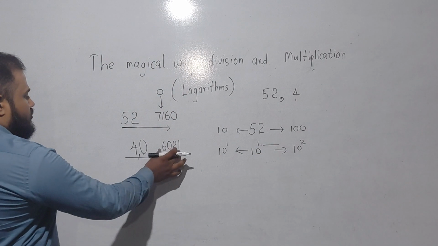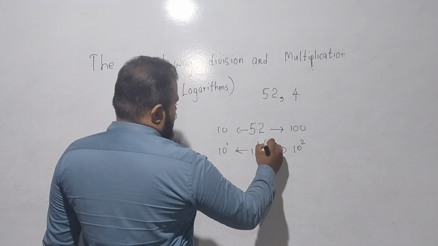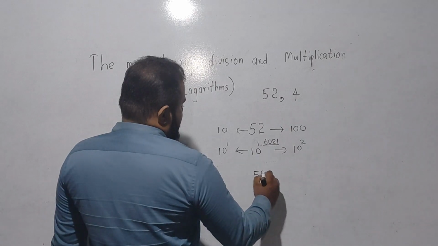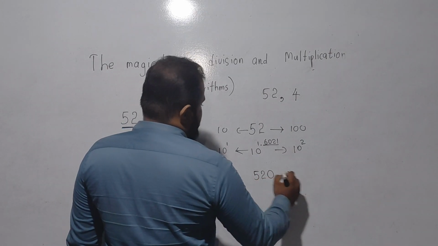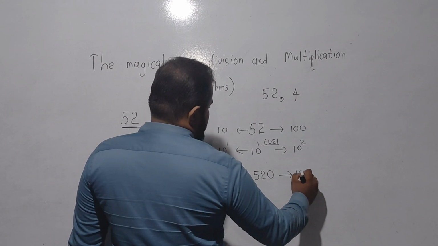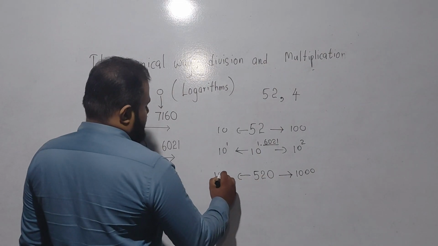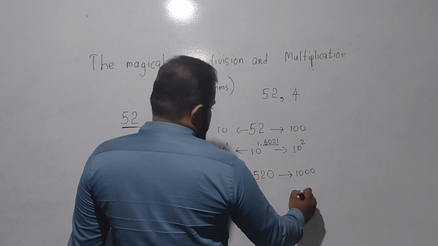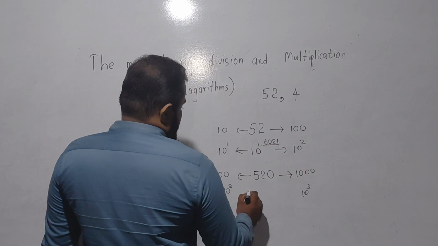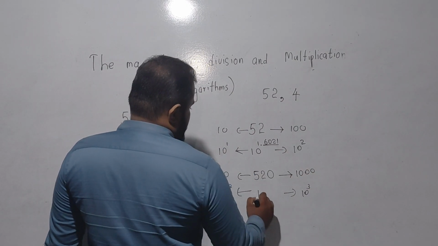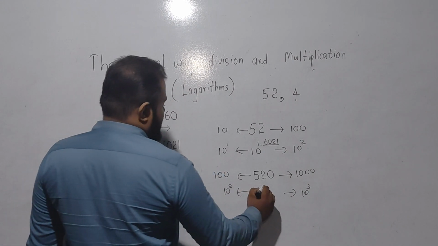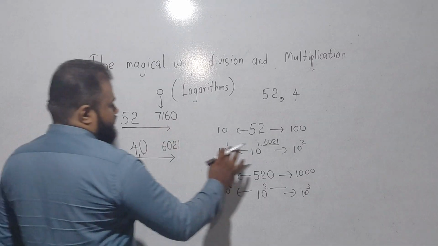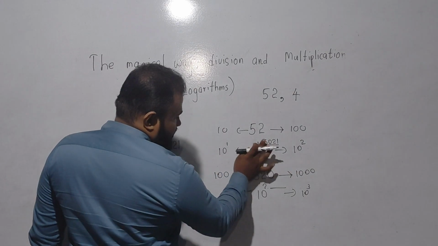Now we know that value, that is 6021. If I need the value of 520, this 520 is between 1000 and 100. We know 100 is 10 to the power 2. 1000 is 10 to the power 3. So the log value of 520 should be 10 to the power 2 point some value. We know that some value, that is what? 7160. I had mistaken here. It should be 7160.